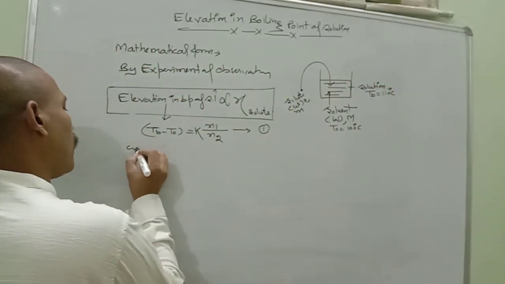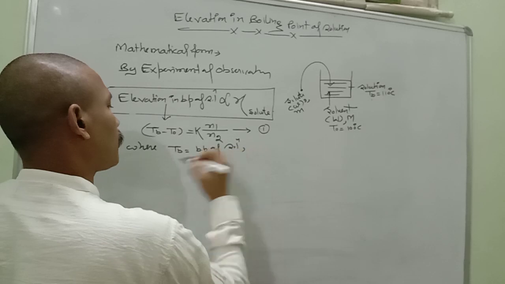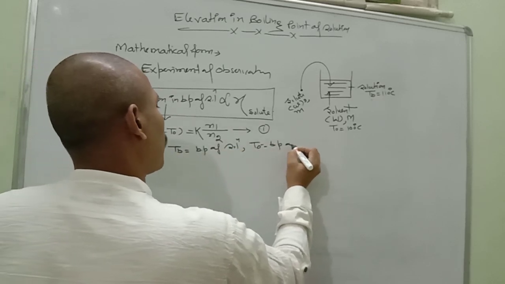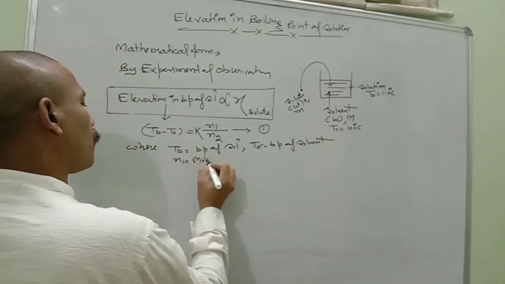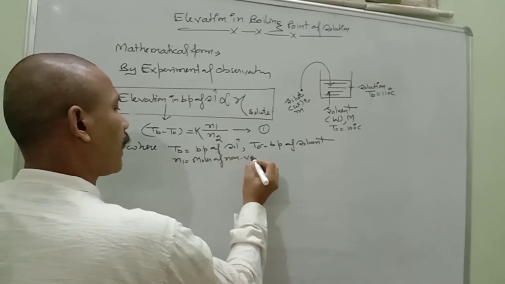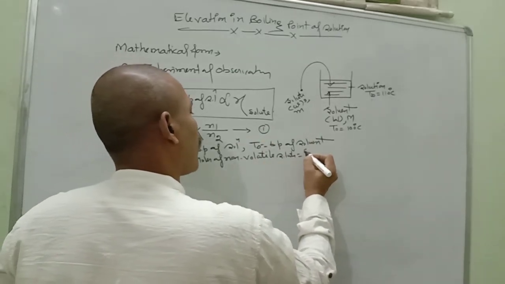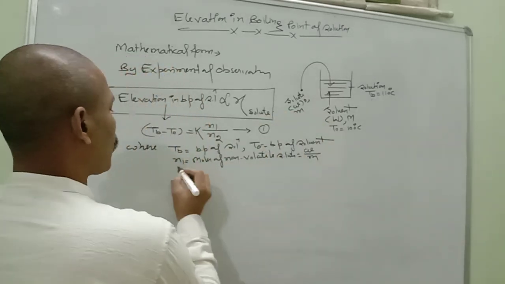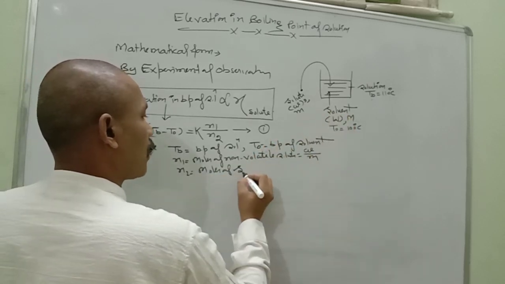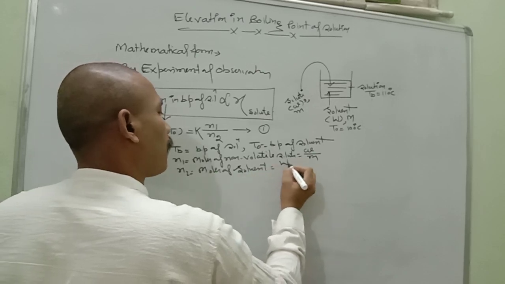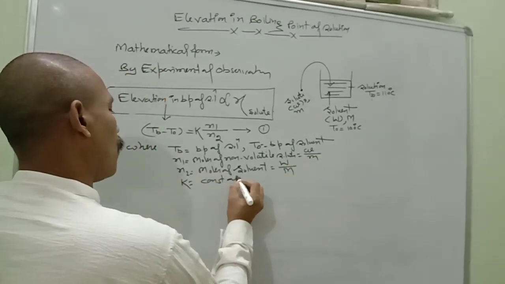Where TB is the boiling point of solution, T0 is the boiling point of solvent, N1 is moles of non-volatile solute, always small w upon small m, and N2 is moles of solvent, always capital W over capital M, and K is the constant of proportionality.